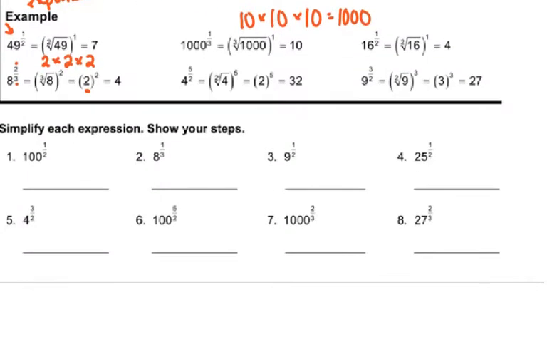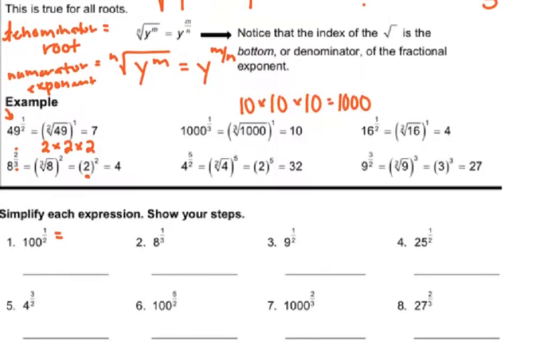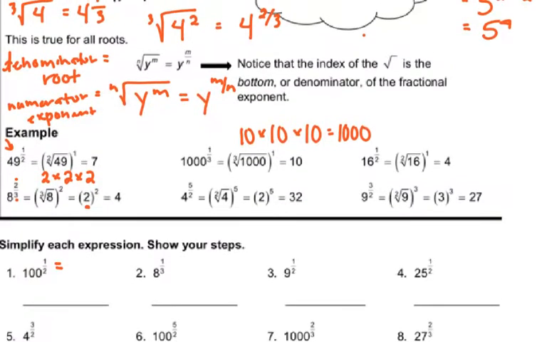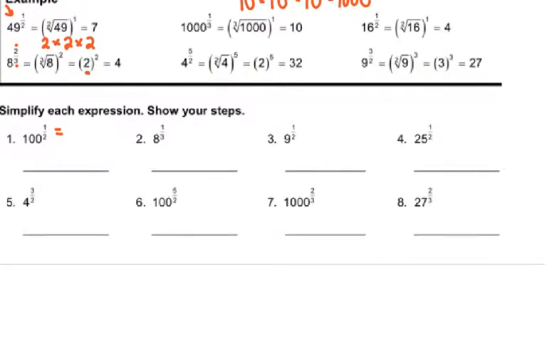Now I'm going to do a couple of these down here with you, and then I want you to try some out. So I'm going to do 1 and 5. So number 1 says 100 to the 1/2 power. Well, my denominator, so 2, is going to be my root. So it's going to be the square root of 100 to the first power.